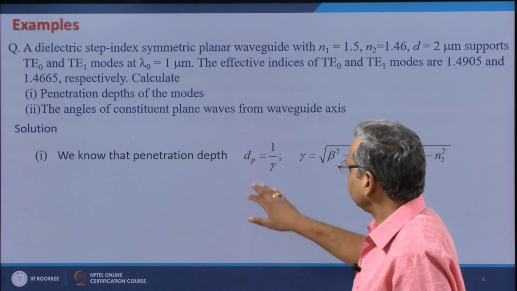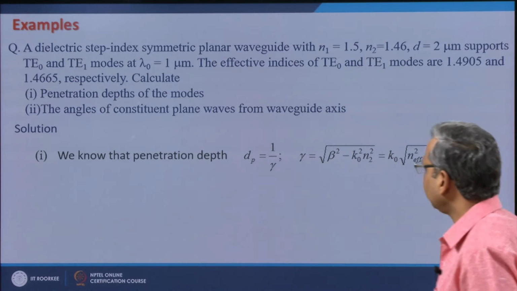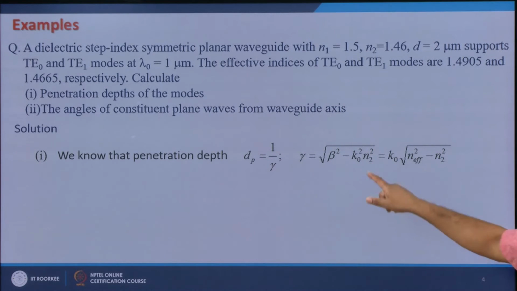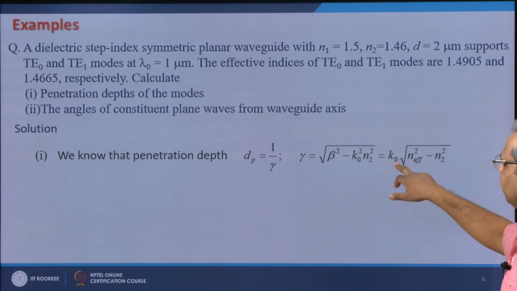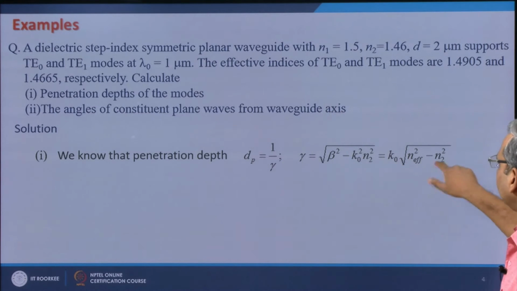I know that penetration depth is given by 1 over gamma, where gamma is equal to the square root of beta square minus k naught square n2 square, or k naught times the square root of n effective square minus n2 square. So, k naught is 2 pi over lambda naught, which is given, and n effective and n2 are given.